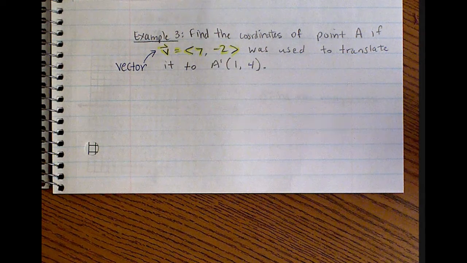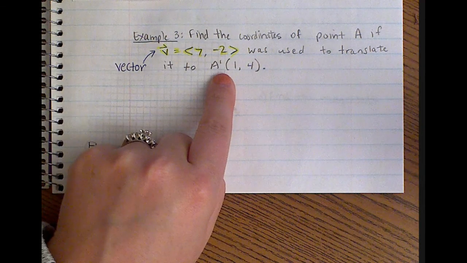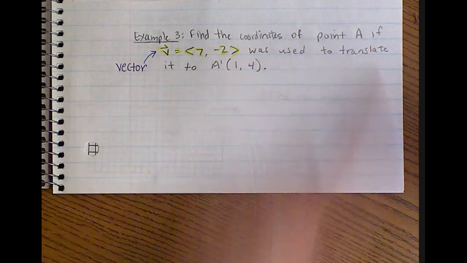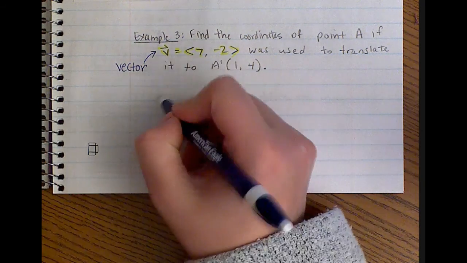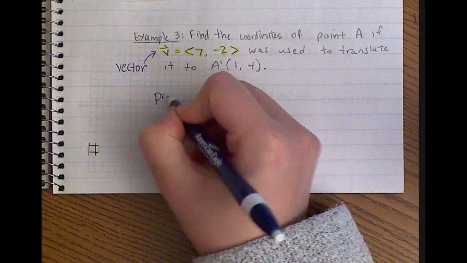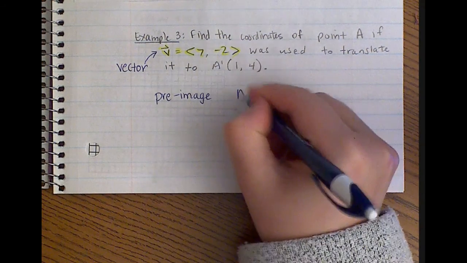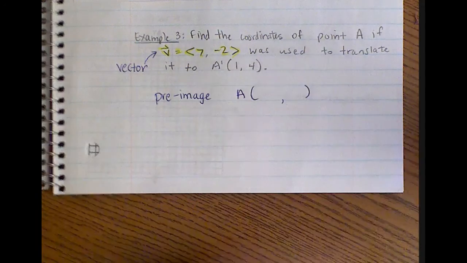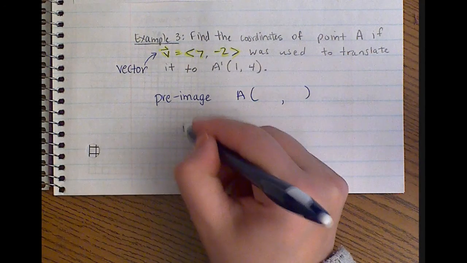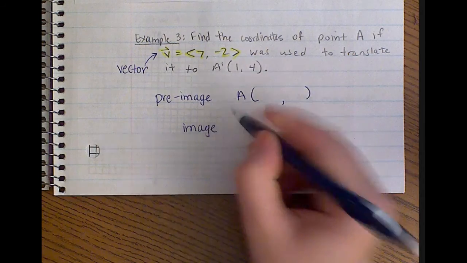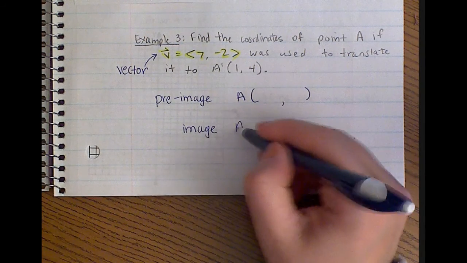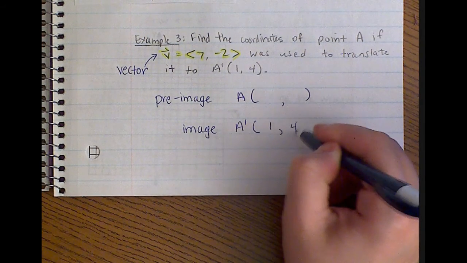So this is an interesting question because now we are given the image and we are asked to find the pre-image. So the pre-image, which is A, we don't know, but we know that the image after this vector, A prime, is 1, 4.